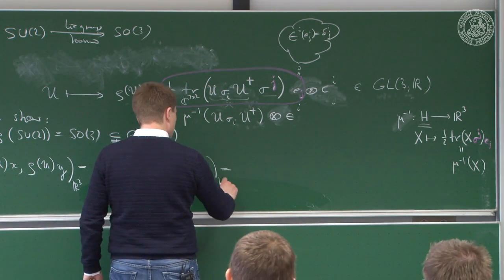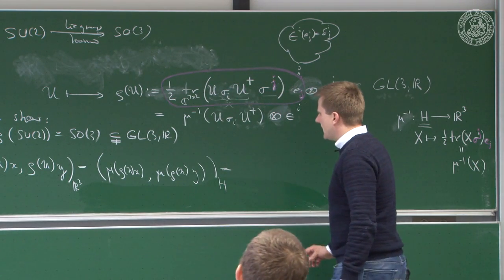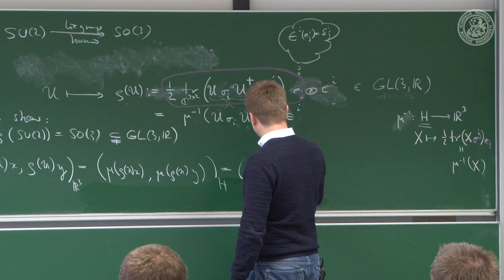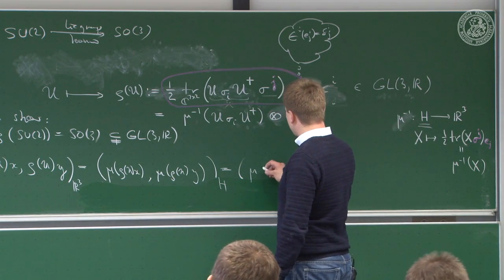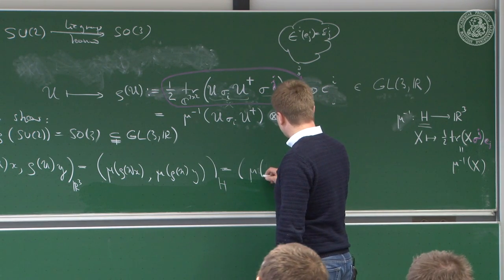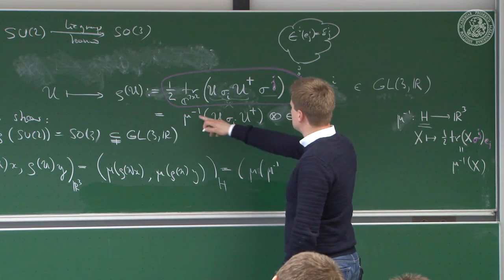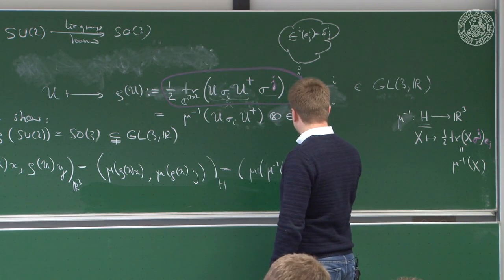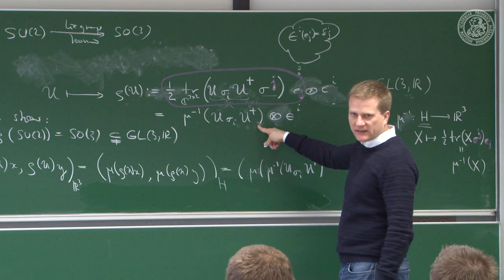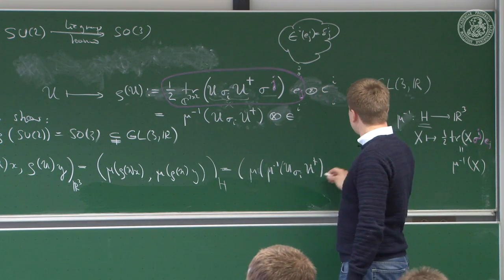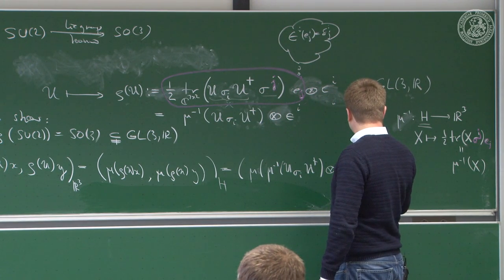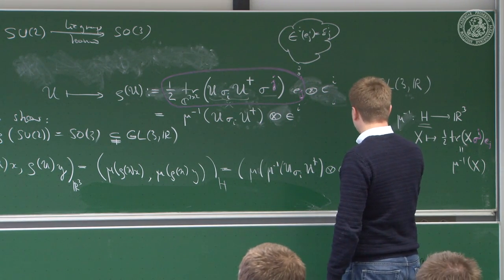So this is again the H inner product. And so now for your peace of mind, I write it out. It's mu of mu inverse, so let's calculate this, of u sigma I u dagger, that correctly ends here, tensor epsilon I on x, close bracket.